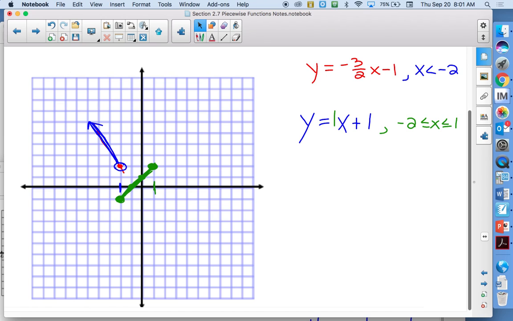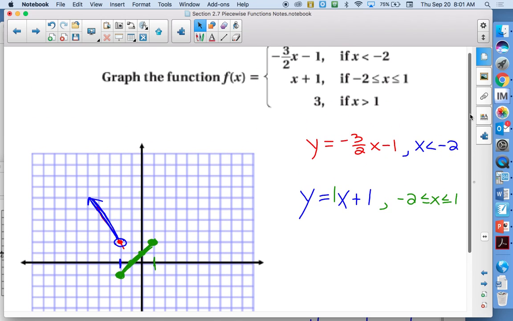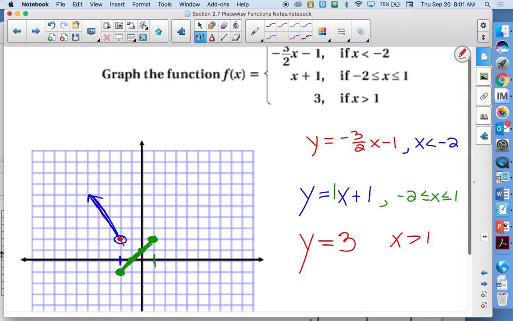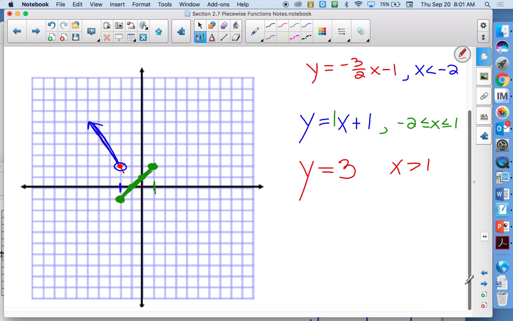We have one last piece to graph. It just has 3, which means y is equal to 3. What kind of line is y equals 3? A horizontal line.